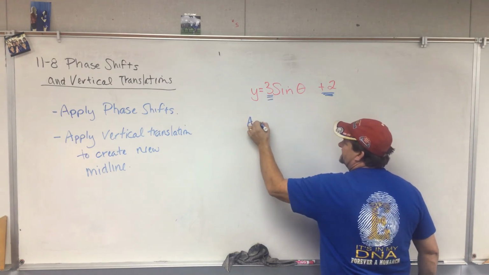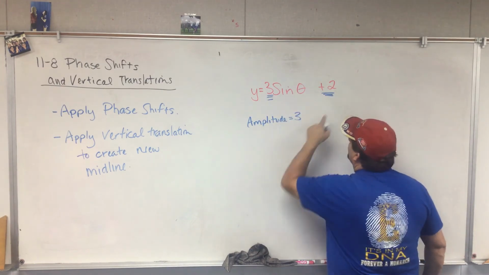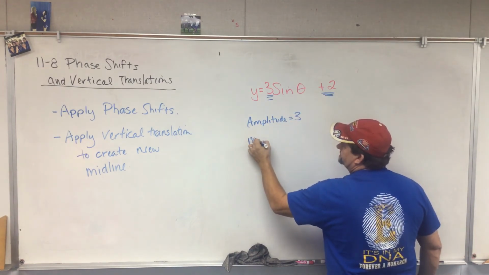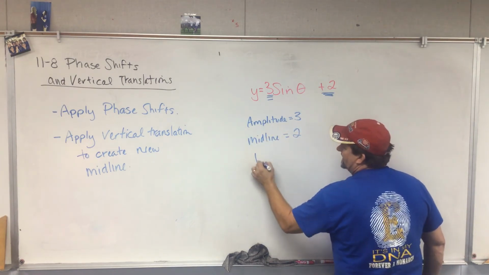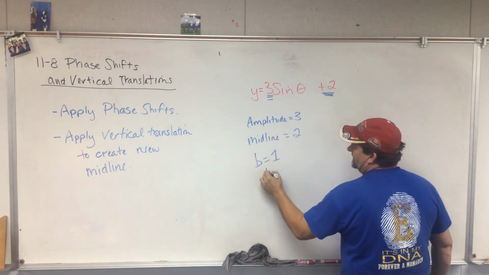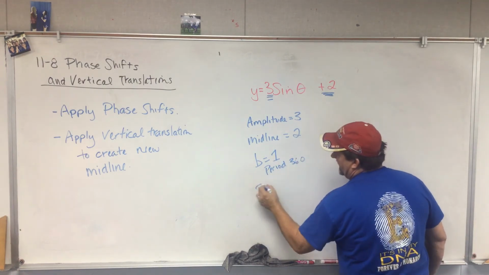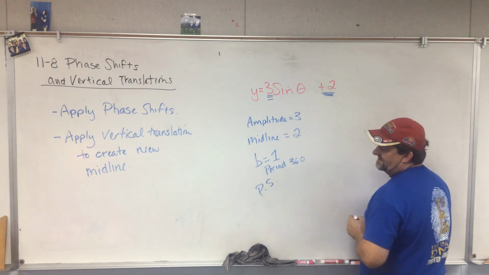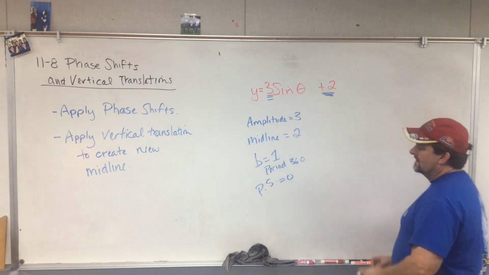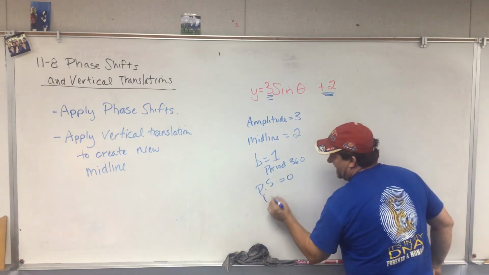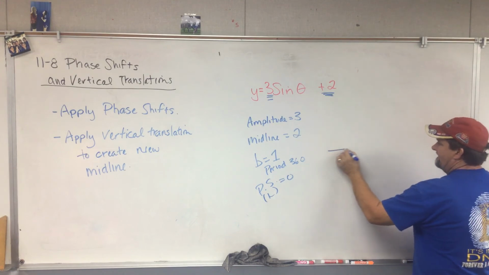So my amplitude is equal to 3. My midline is equal to 2. My B is equal to 1. That means the period is still 360 degrees. And I'm going to put PS for phase shift. Phase shift, that's going to equal 0. So that's my H. My H is 0. Didn't go anywhere.